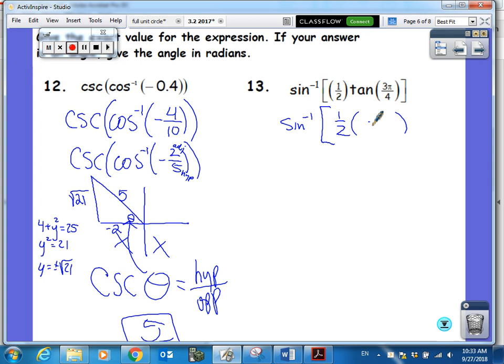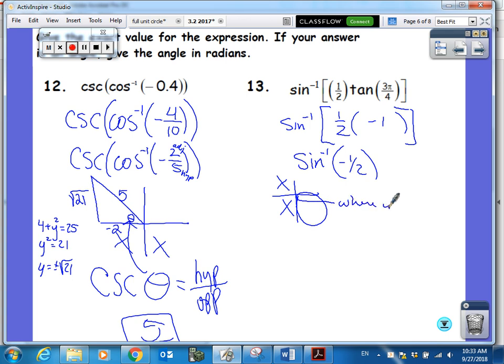So we get -1. So we're taking the inverse sine of -1/2. Now we're back to yesterday's lesson. Restrictions are either in 1 or 4. Because it's negative, we're looking in quadrant 4, where is y equal to -1/2.